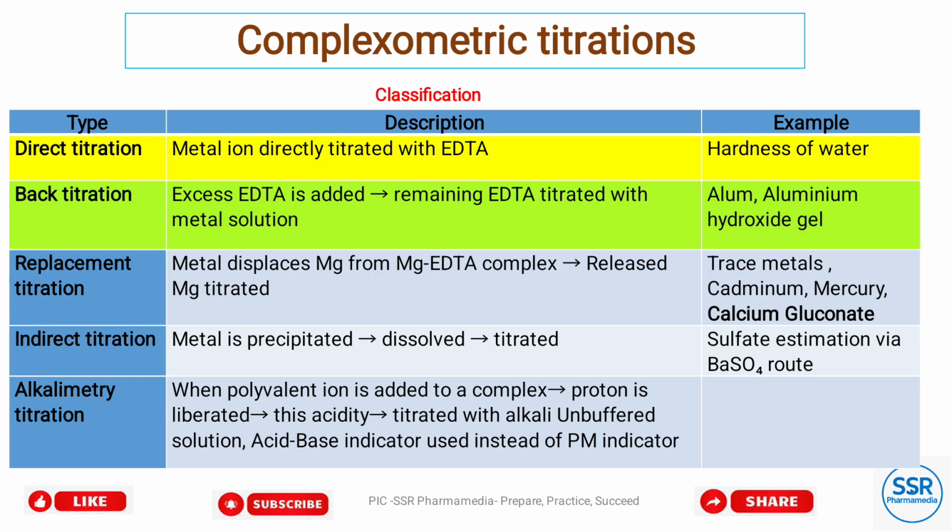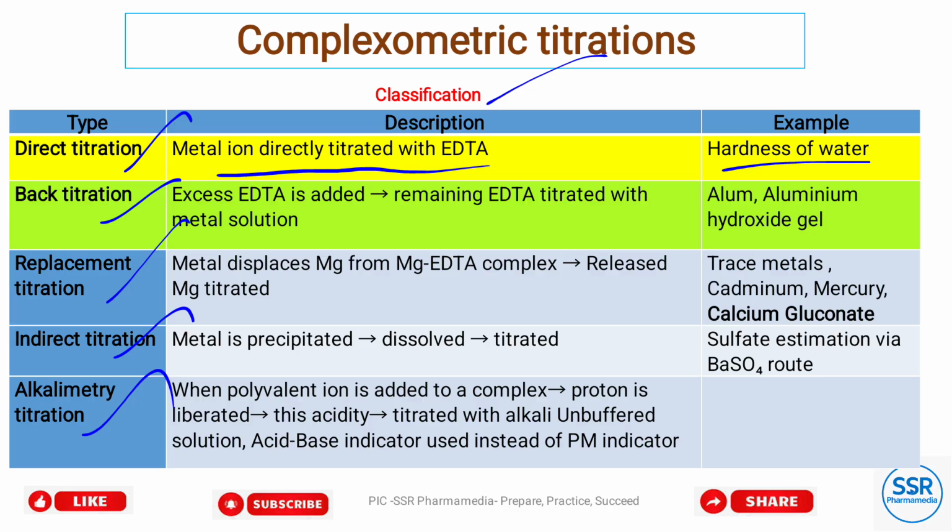Next, we'll discuss the classification of complexometric titration. In classification, there are direct titration, back titration, replacement titration, indirect titration, and alkalimetric titration. So there are 5 types. Direct titration means the metal ion is directly titrated with EDTA. For example, in determination of hardness of water, and also magnesium ions are directly titrated with EDTA.